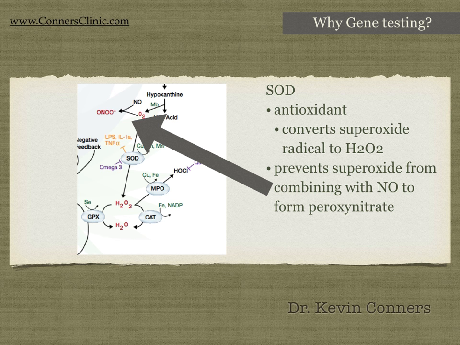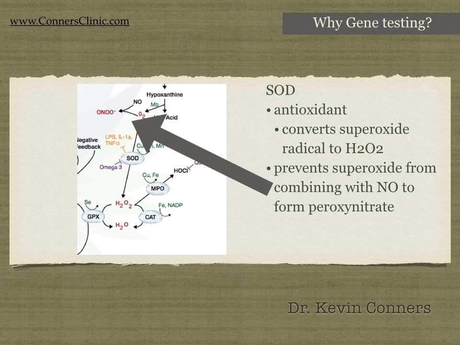Now, if you've listened to my nitric oxide lecture, you remember that there are really three forms of nitric oxide in your body. Inducible nitric oxide synthase, which is the part of nitric oxide that helps to kill pathogens.